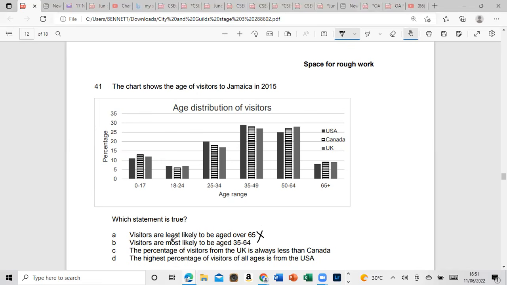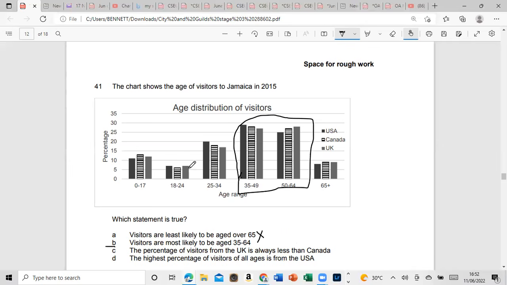So visitors are most likely to be age 35 to 64. That is true. See there, it's a big bar. Let me just read what they said. The percentage of visitors from the UK is always less than Canada. Always?